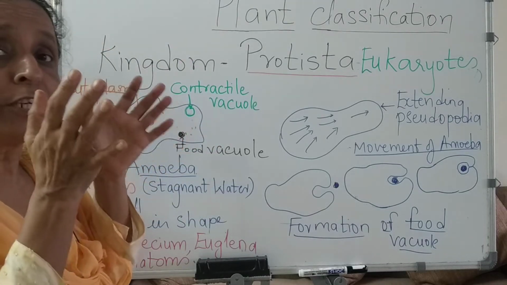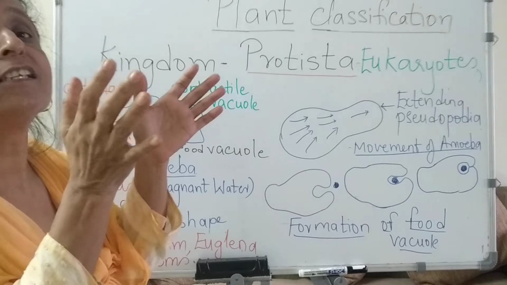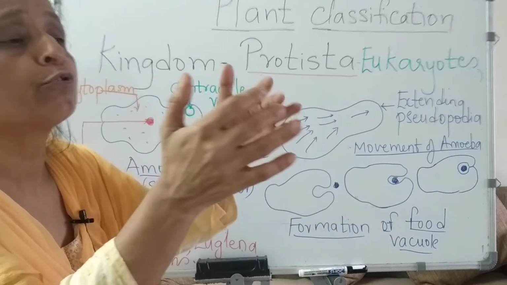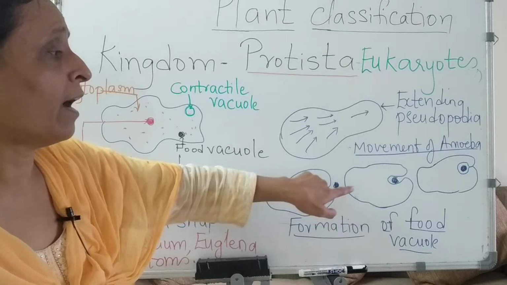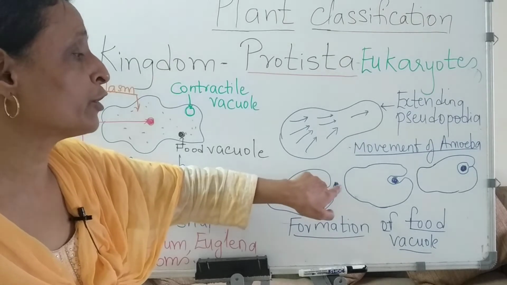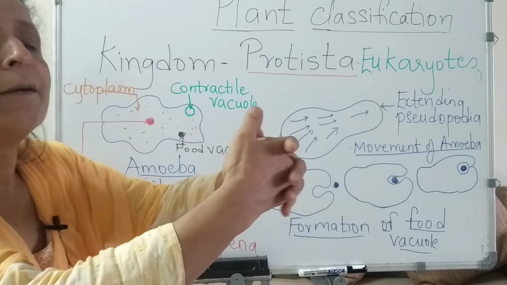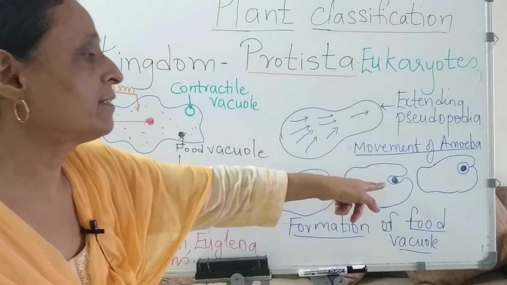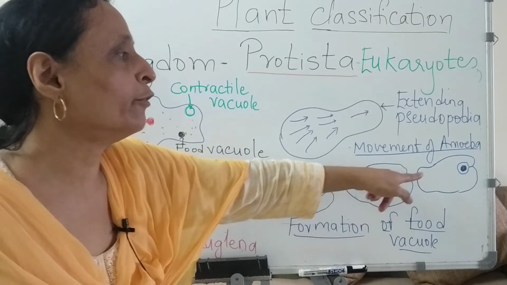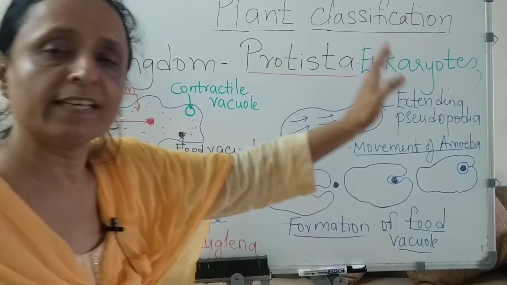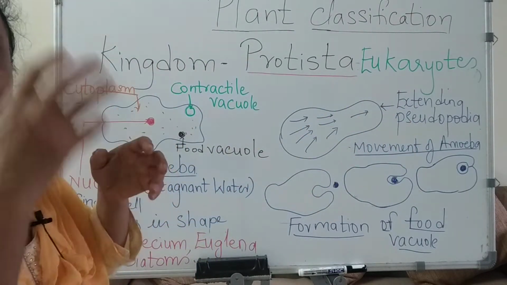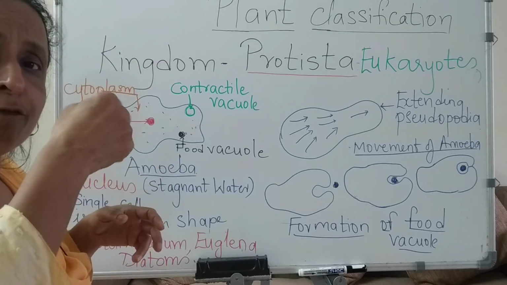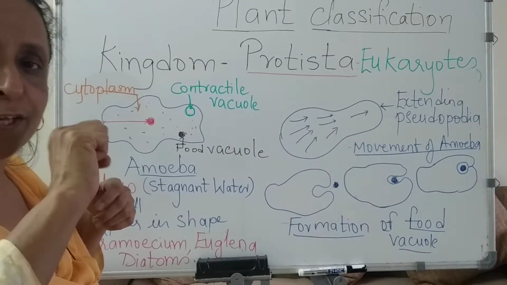Now, same pseudopodia, when it senses food, it produces two pseudopodia. You can see it has sensed food. Now it produces two pseudopodia. It envelops the food. See here, it envelops the food, and the food is inside now. Now it becomes a food vacuole.